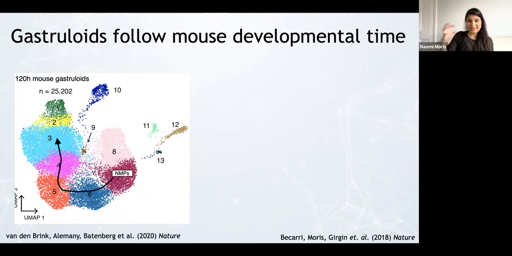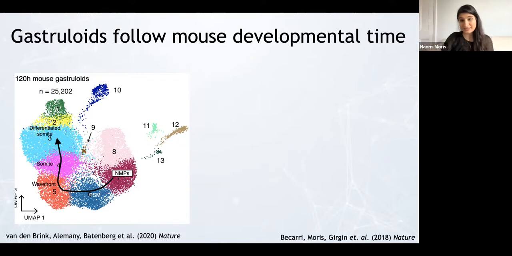And so these NMPs were next to two different clusters, one of which, cluster 6, was PSM-like, so paraxial presomitic mesoderm. Then a wavefront population of cells, a somitic population of cells, a differentiated somite population of cells.